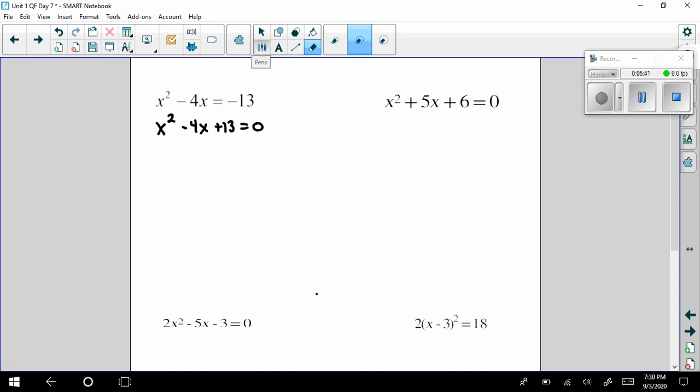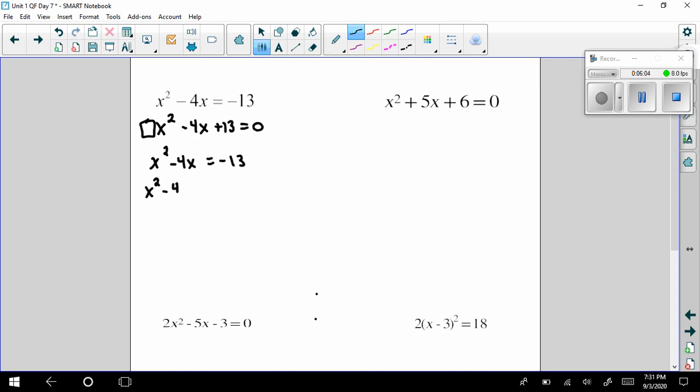You could apply the quadratic formula, but this one's pretty easy to complete the square because I have a 1 here and an even number in front of x. So if you remember this process, I have x squared minus 4x equals -13. So now I'm going to complete the square. So x squared minus 4x plus something equals -13 plus something.